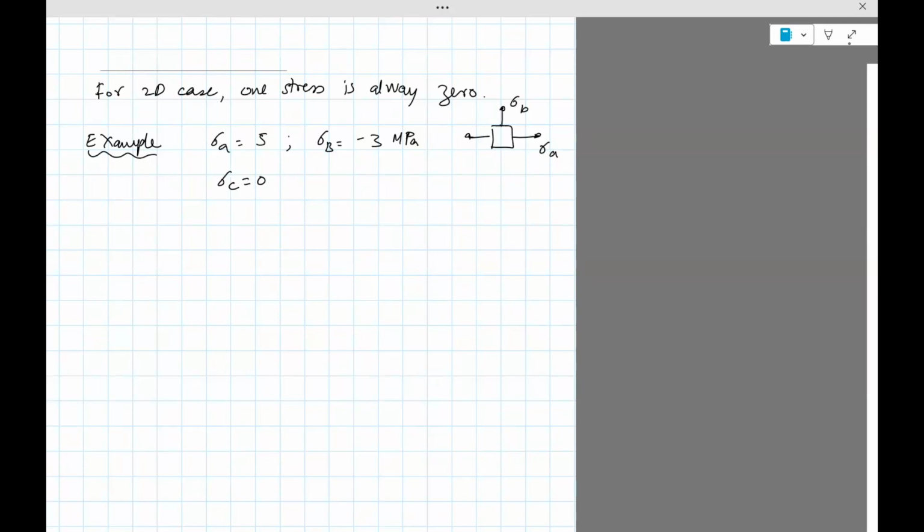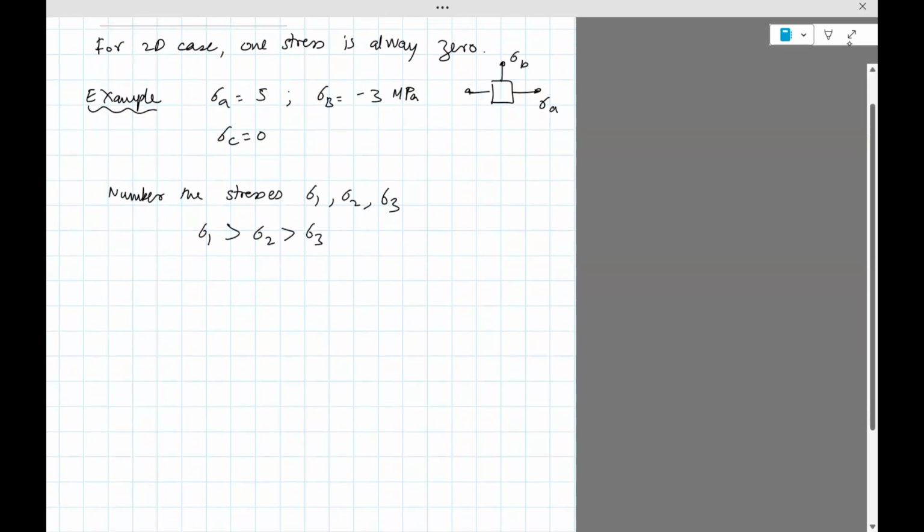Once you assume that, you number these stresses as sigma 1, sigma 2, sigma 3, such that sigma 1 is greater than sigma 2 is greater than sigma 3.